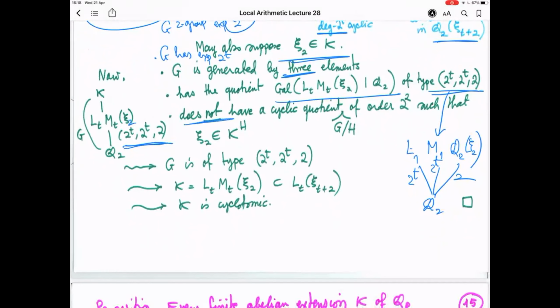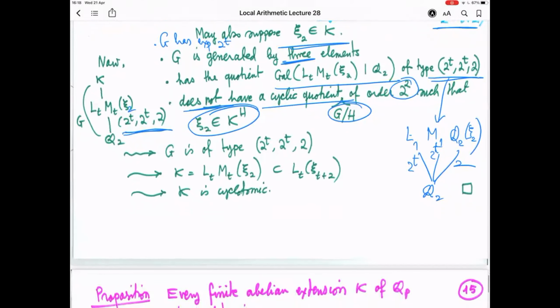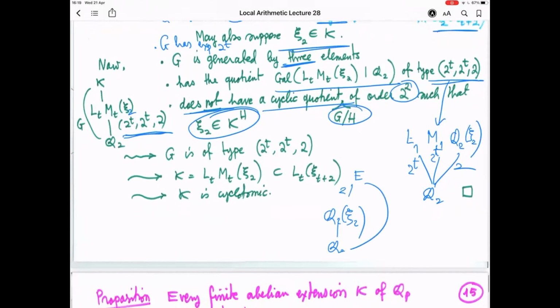And what we know is that it does not have a cyclic quotient G mod H of order 4 which contains psi2. Why does it not have it? Because we take Q2, look at Q2 psi2, and some quadratic extension E, and this can never be cyclic.